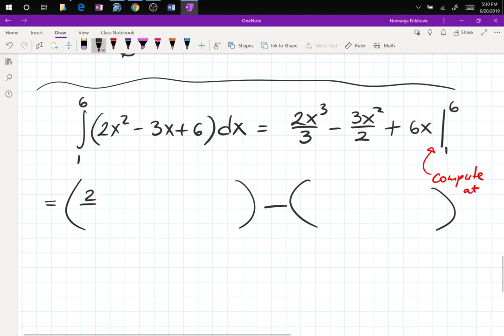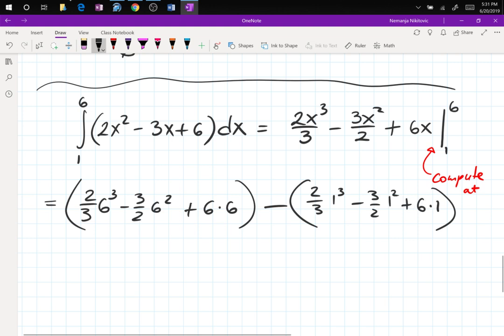So we have 2/3 times 6 cubed, minus 3/2 times 6 squared, plus 6 times 6. And then the next one is plug in 1: 2/3 times 1 cubed, minus 3/2 times 1 squared, plus 6 times 1.